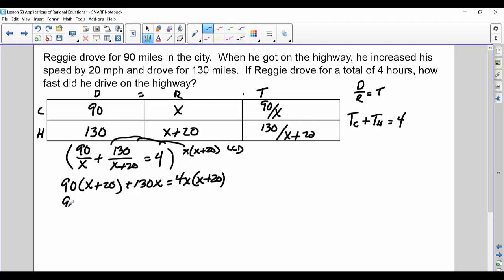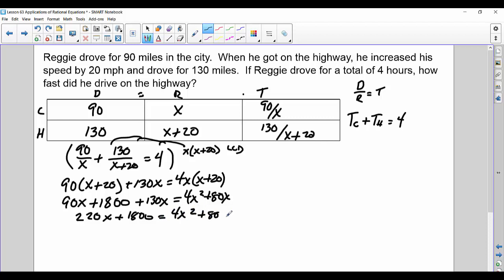Distribute away, 90x plus 1800 plus 130x is equal to 4x squared plus 80x. Combine like terms, it's 220x plus 1800 is equal to 4x squared plus 80x.